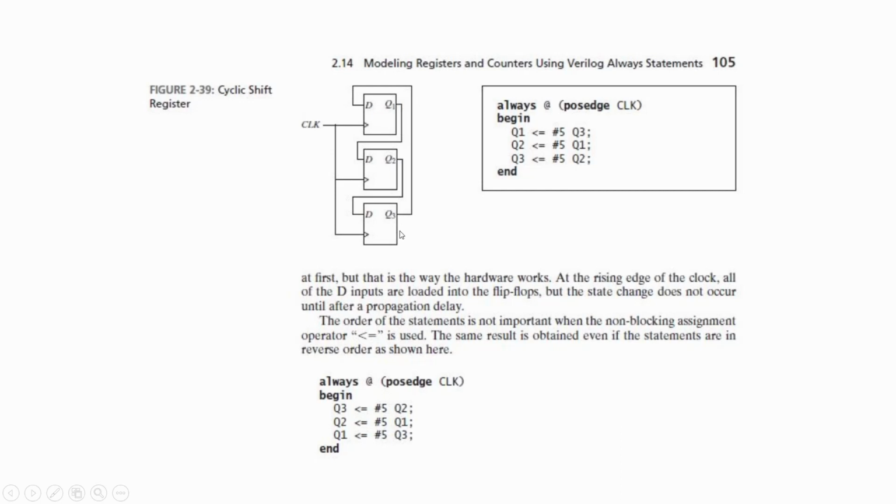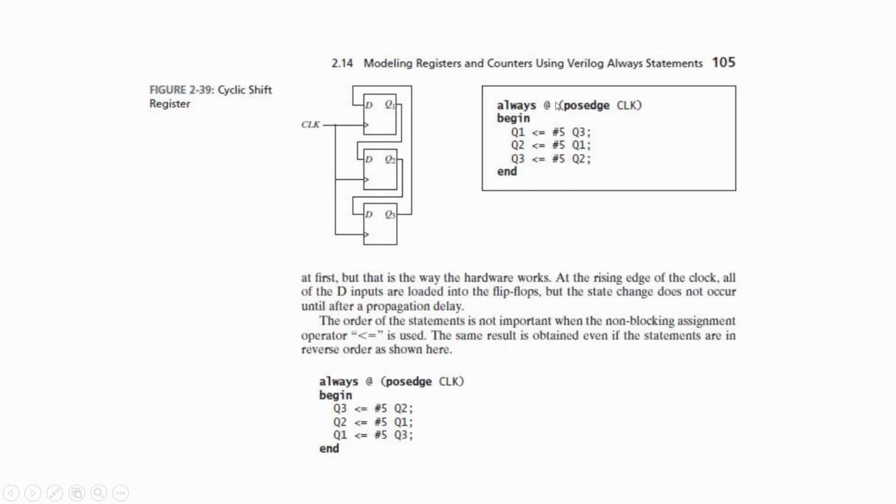Q2 is equal to Q1. That is, Q2 depends on the first flip flop's output Q1. When Q1 is 1, D2 is 1, and Q2 is 1. Similarly, we can say it simply by Q2 equals Q1 and Q3 equals Q2. What we use here is a data flow model kind of.